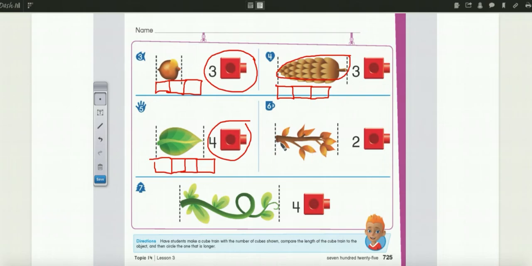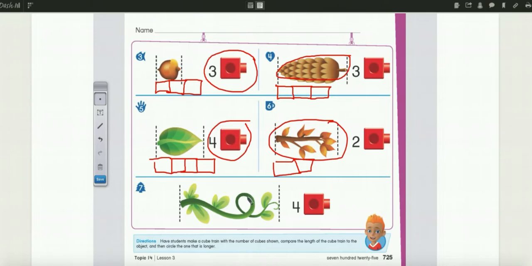Here we have a tree branch and we have 2 cubes. Can you tell me which one you think is longer? Let's check. 1, 2. Yes, the tree branch is longer. Okay, number 7. We have a vine and we have 4 cubes.